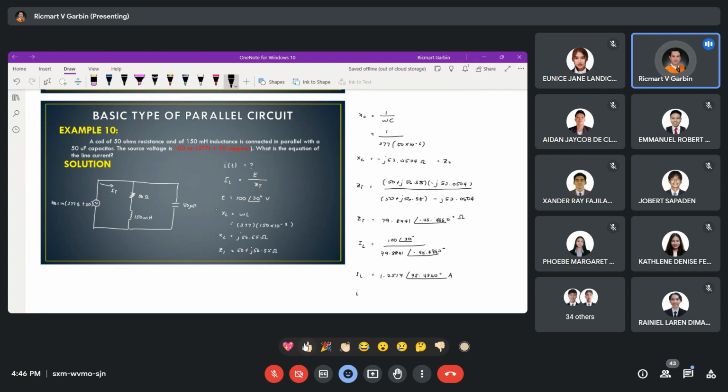So therefore, our line current is equal to 1.2517 sine of 377t plus 75.4860 degrees ampere. So this is now our final answer. Do you follow?